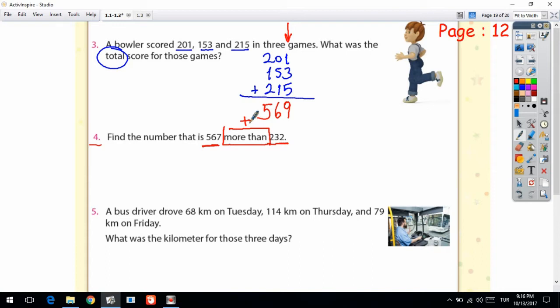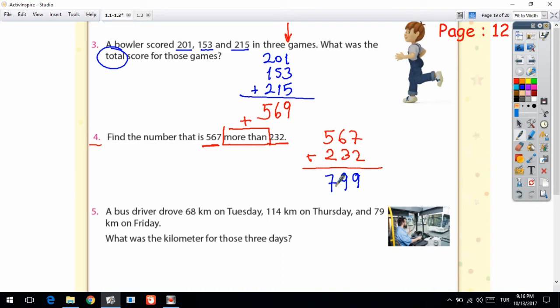Of course, let's add them. 567 plus 232. I will start from the ones digit to add the numbers. 7 plus 2, 9. 6 plus 3, 9. Then 5 plus 2 is equal to 7. So this number is 799.